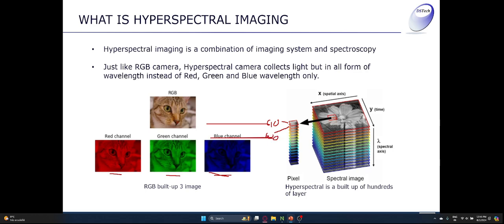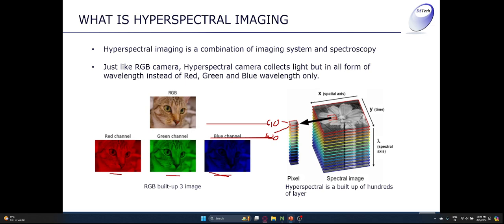So you know it's a 10 nanometer difference, or range, of the average of the spectral. So this is how hyperspectral works.